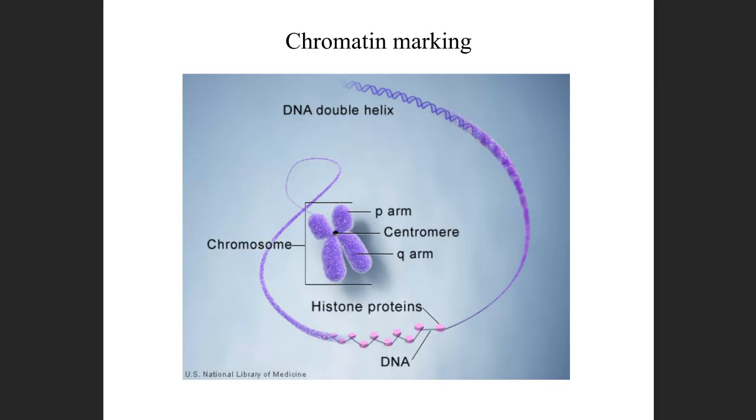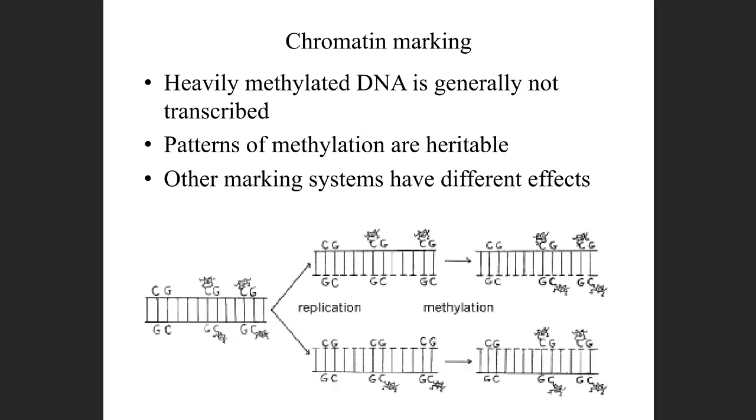Okay, the epigenetic inheritance mechanism that's getting the most attention these days is different kinds of chromatin marking. And this can be either attachment of molecules like methyl groups to the DNA. It could also be changes to the histones that will alter how tightly folded DNA is, and therefore how easy it is to be read.